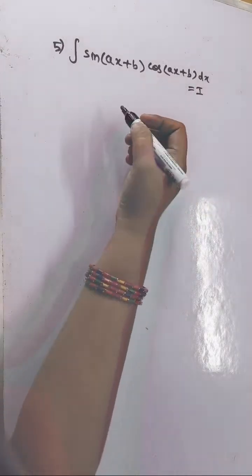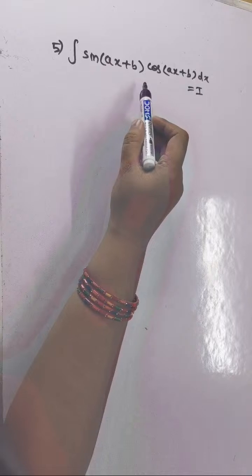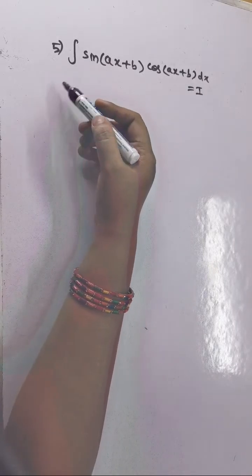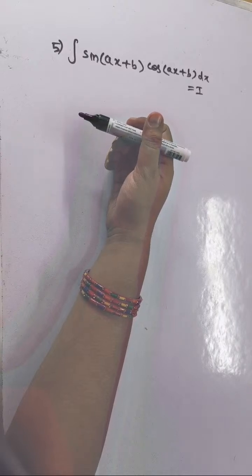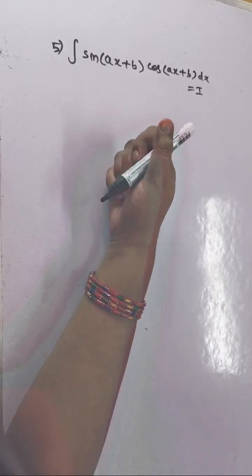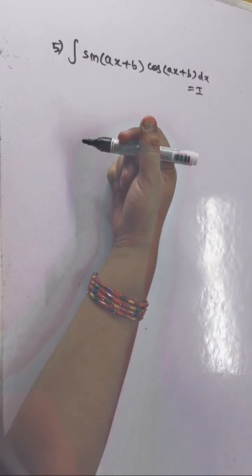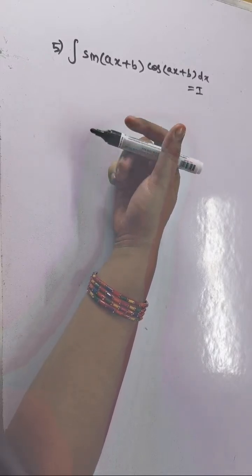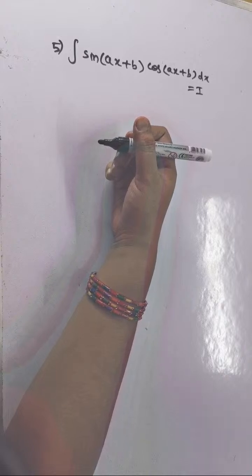As usual, we'll take this as I. So here we have to think of the trigonometric formulas. From now on, trigonometric formulas also will be used. In class 10 and 11, especially in class 11, you have learnt nearly 18 to 20 formulas in the third chapter, trigonometric functions, isn't it?